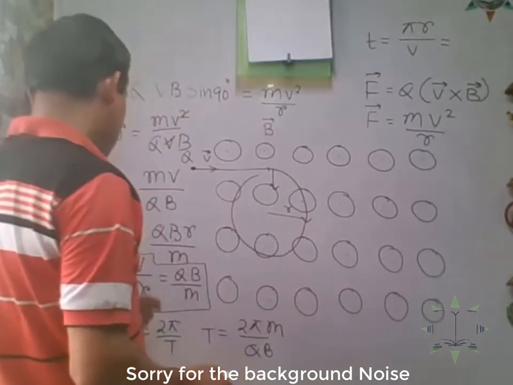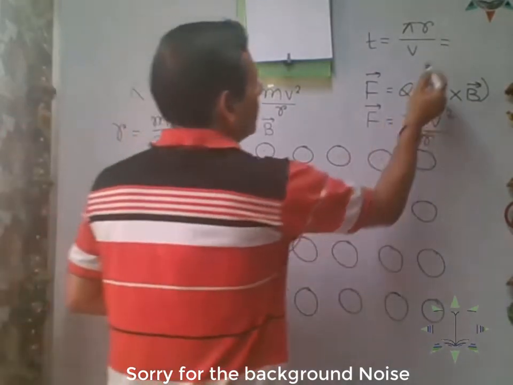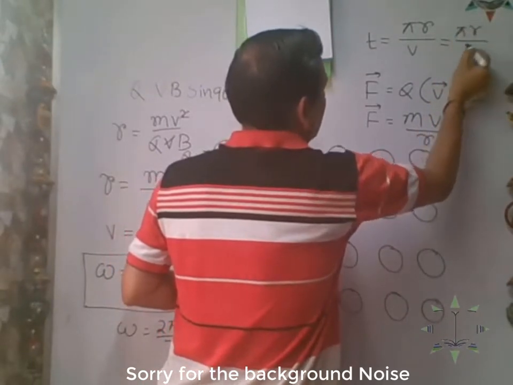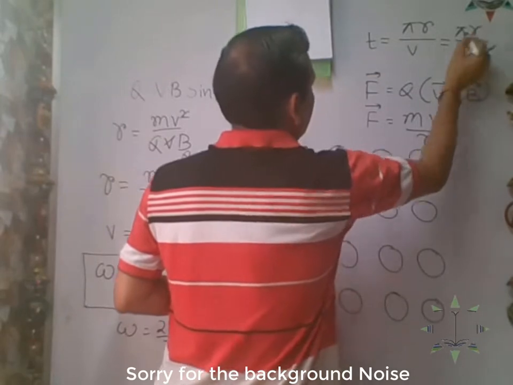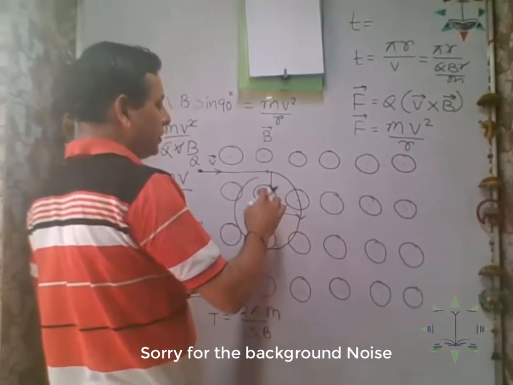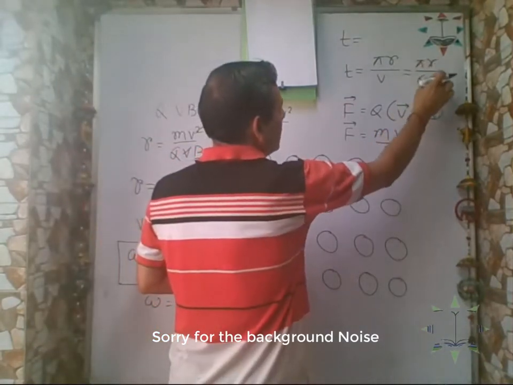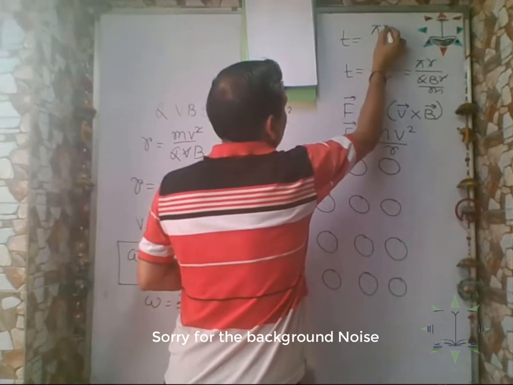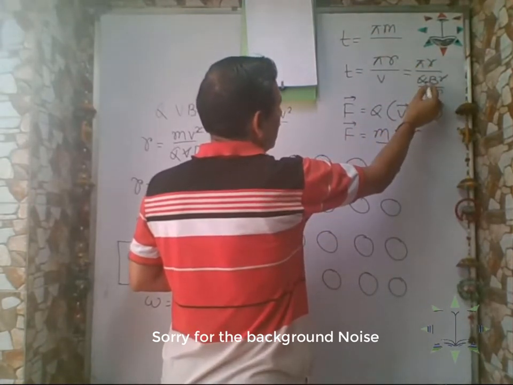So velocity is equal to q b r by m. So time taken to cover the half of the semicircular path equal to pi into m by q into b.